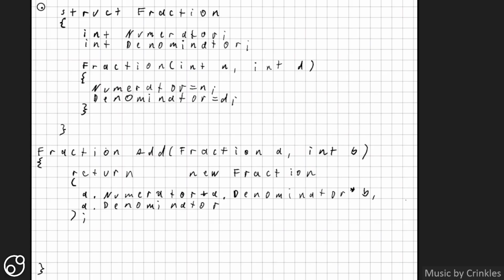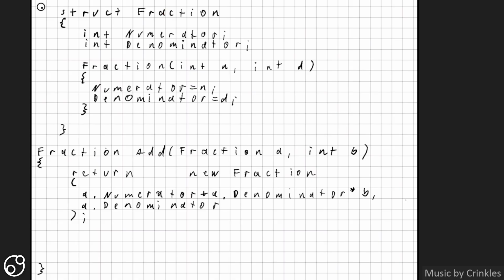Because this code is specifically intended for fractions, there isn't really much reason to have it stored apart from the data type. This method can only be used if you also understand what a fraction is.